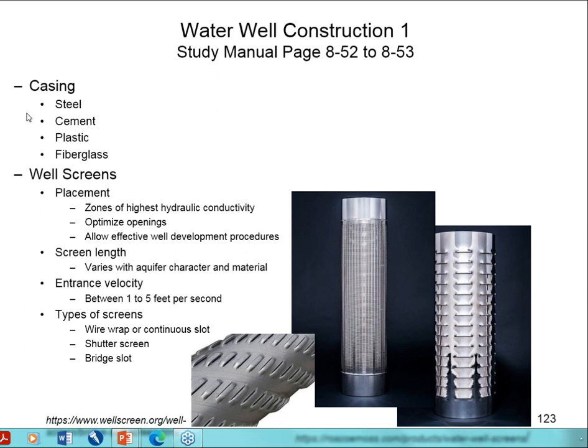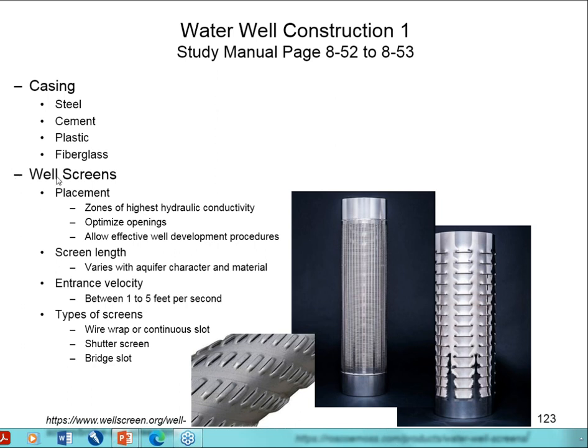Cement would be used for a deep well, petroleum well perhaps. Fiberglass is very expensive, so depending on your water quality, you might want that. But typically plastic or steel are used.